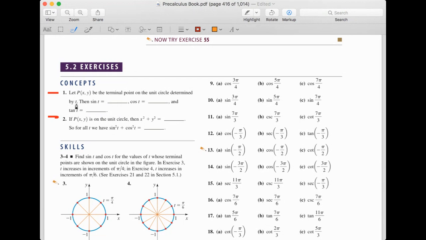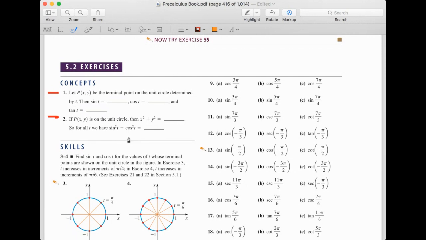This means determined by the angle. And 2: if a point is on the unit circle, then x squared plus y squared equals what? So for all t, we have sine squared plus cosine squared equals, okay, this is a very important identity we haven't talked about yet.